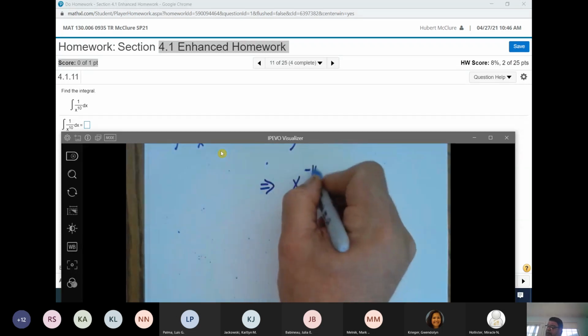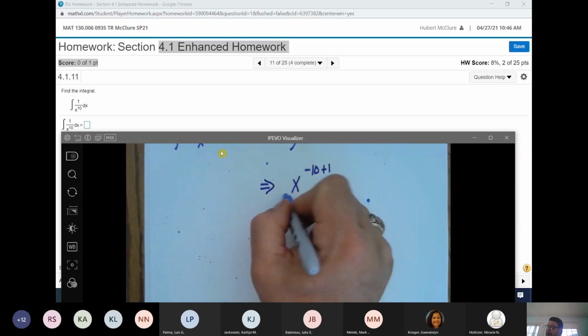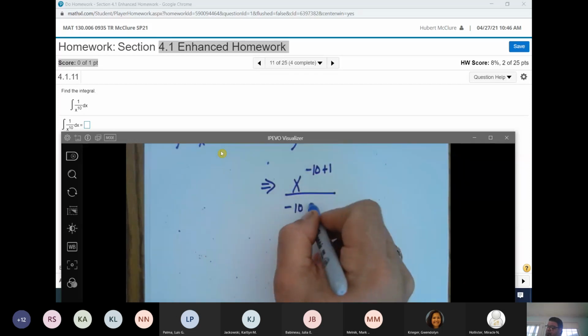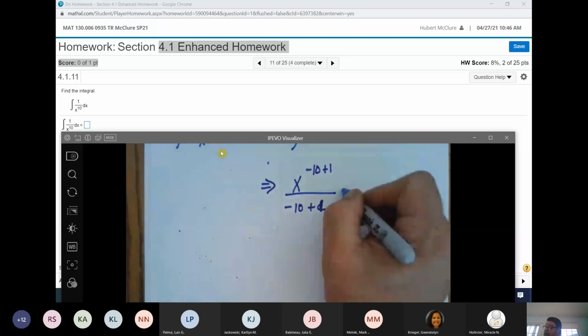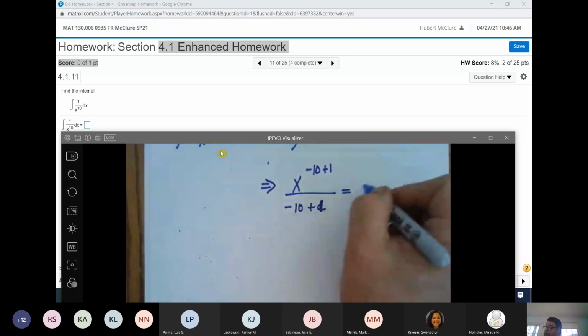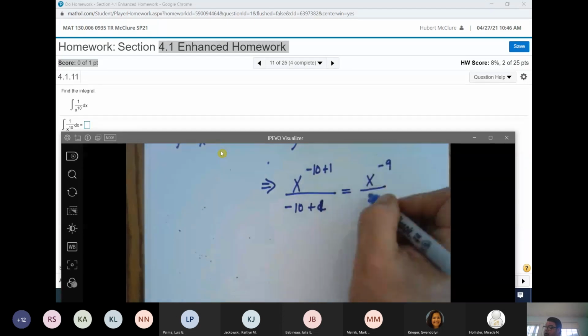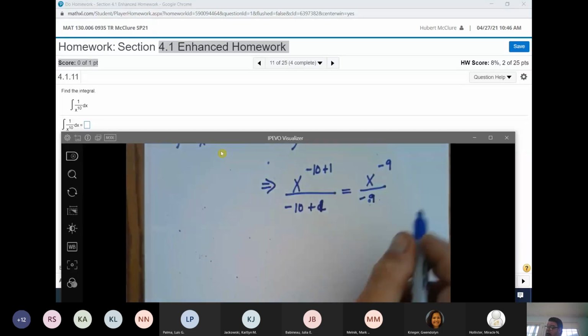X to the negative 10 plus 1 over negative 10 plus 1. And that's going to give you x to the negative 9 over negative 9. And bring that down.